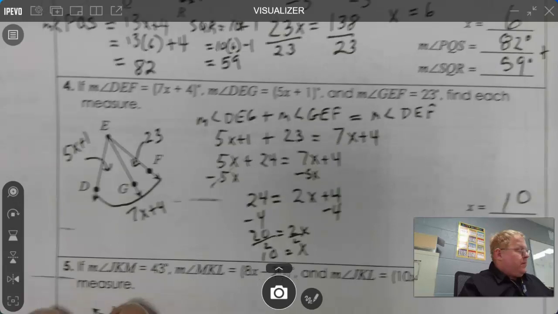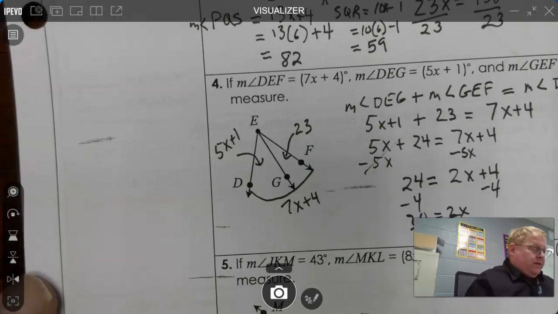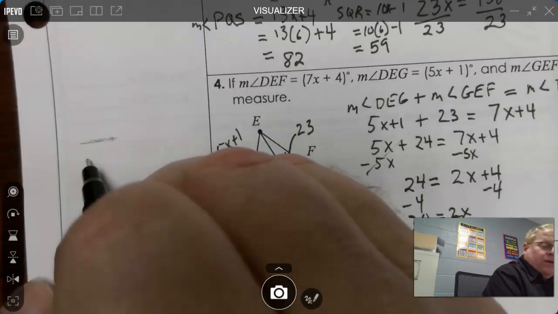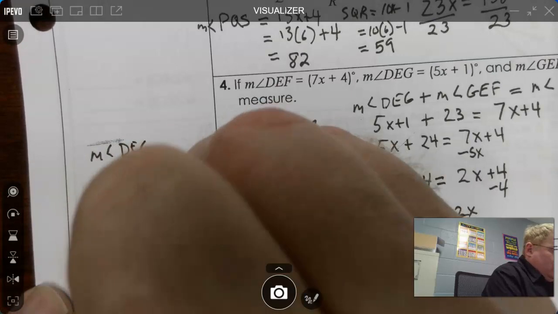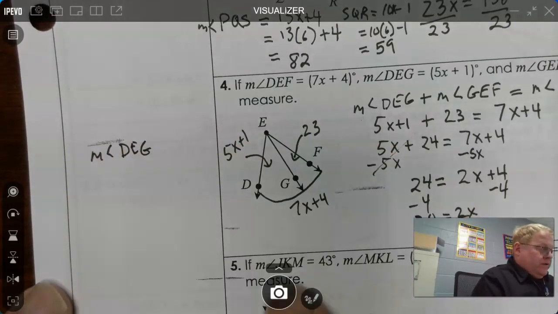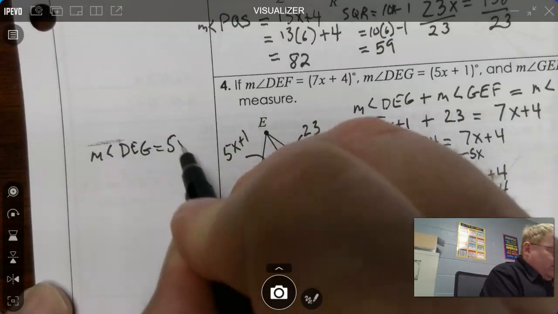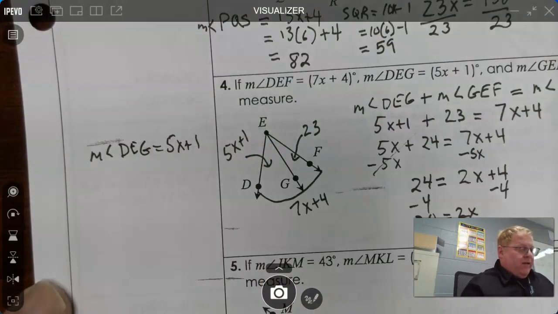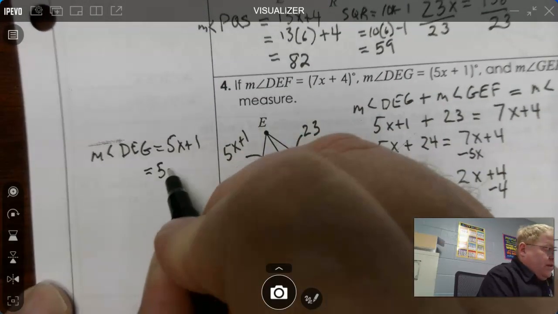Now I'm going to do the same things as before. So I have all this room over here, and I'm actually going to use some of it. We know the measure of angle DEG, the one we're looking for, is 5x plus 1. But now that we know what x is, we can change this into some numbers.